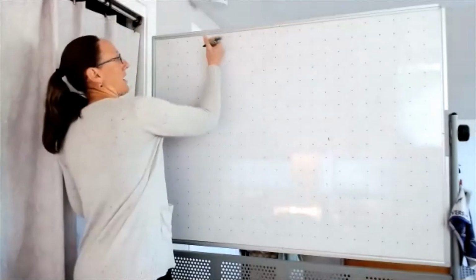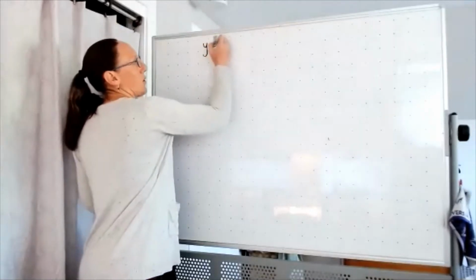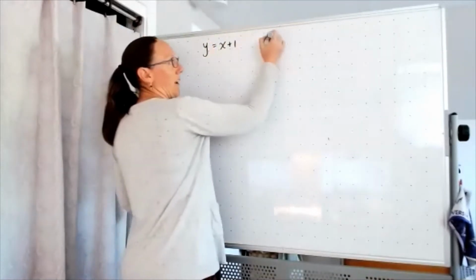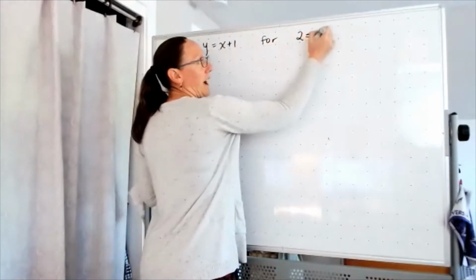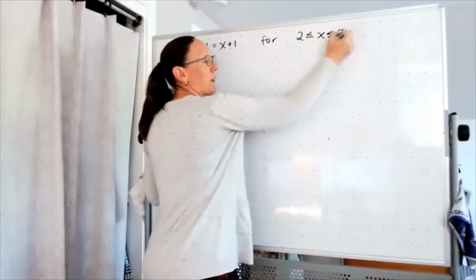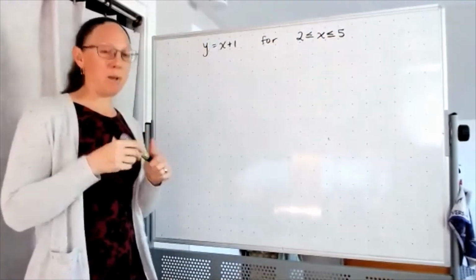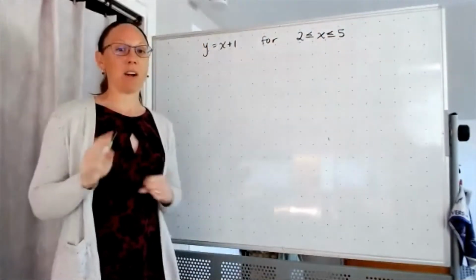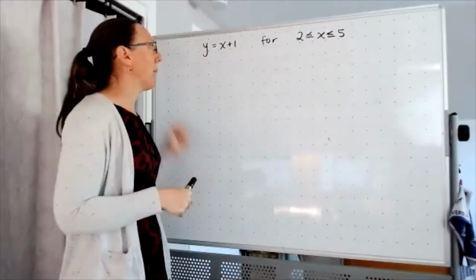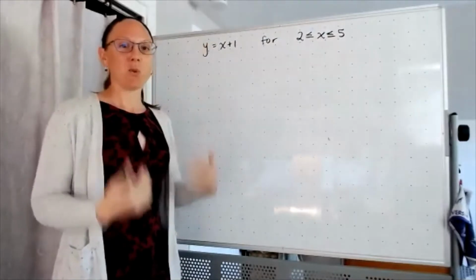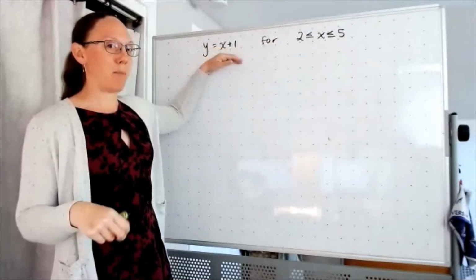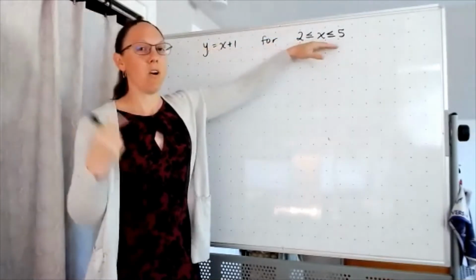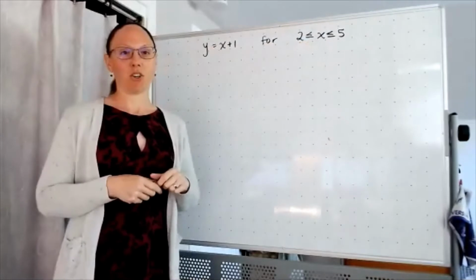So the function that I gave was y equals x plus 1. And we were looking on this for x being between 2 and 5. And this is just something that I wanted to point out. A couple of you wrote the problem down wrong. So either wrote the wrong function when you copied it onto your paper, or wrote the wrong interval when you copied it down onto your paper.